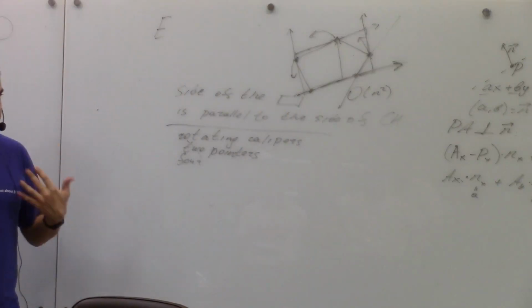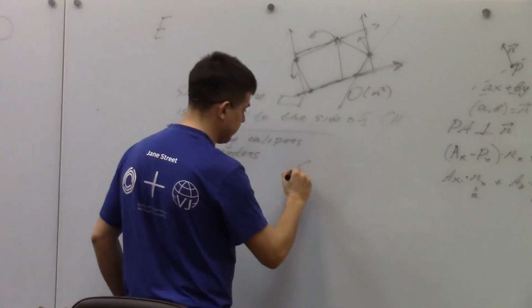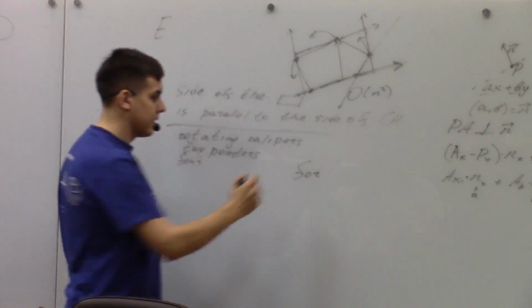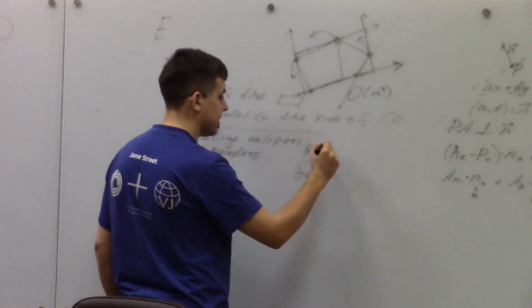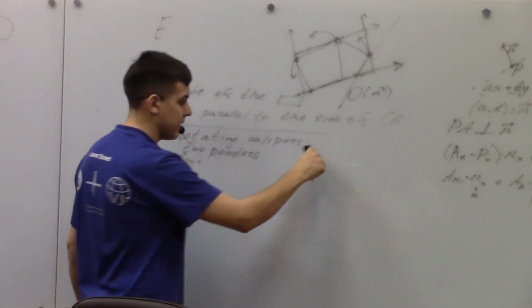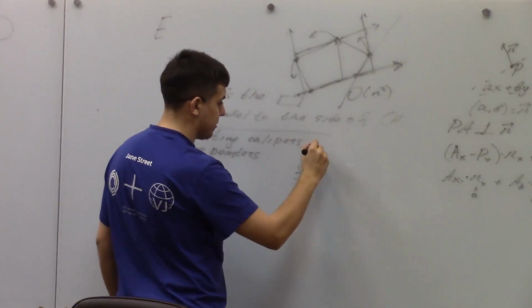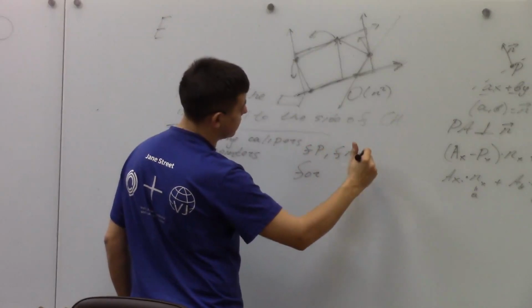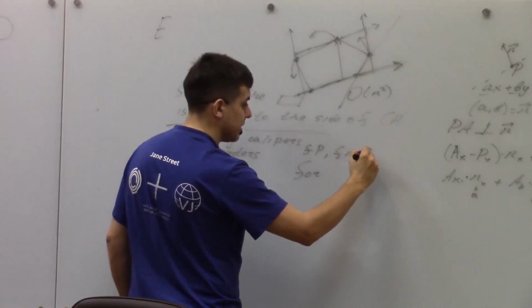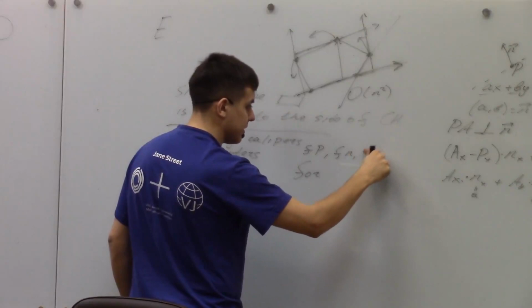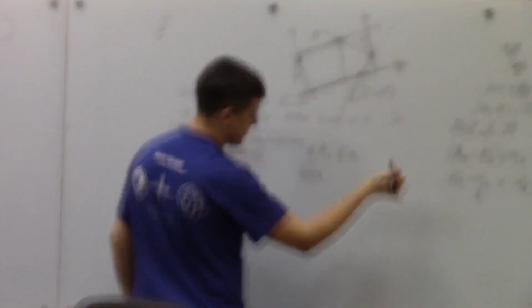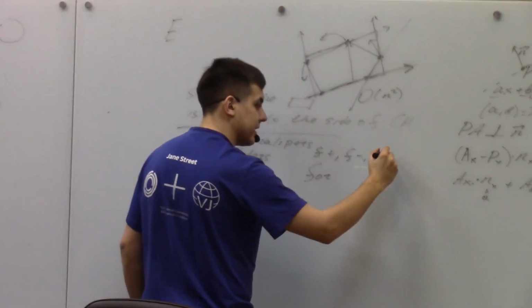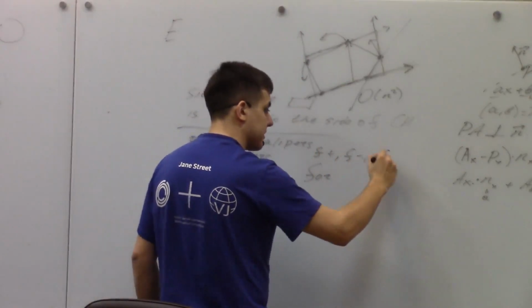And this is very easy to implement. So for example, if we initialize farthest positive, farthest negative, and farthest perpendicular.